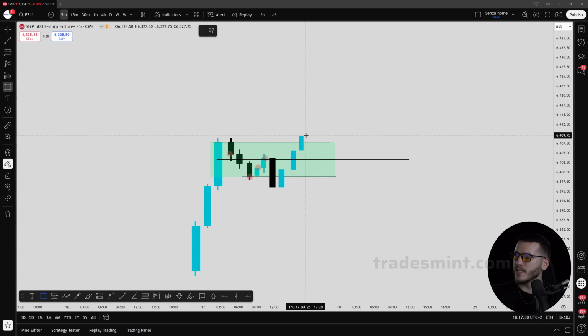Reversal setups in this situation would be something like this, where the following candle breaks back inside, and this reveals a failed auction, where we try to auction higher but fail, and we close back inside. So the next setup we will evaluate is selling to go to the other side of the range. This is the first reversal setup.